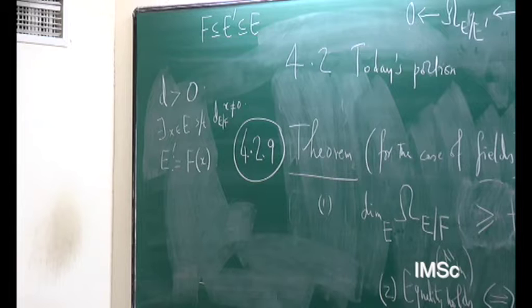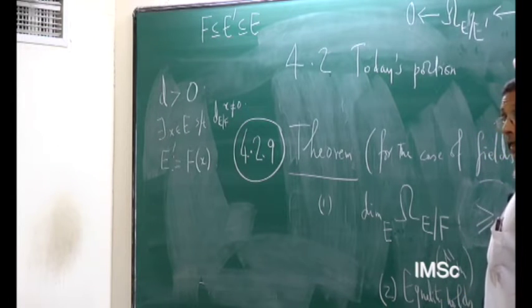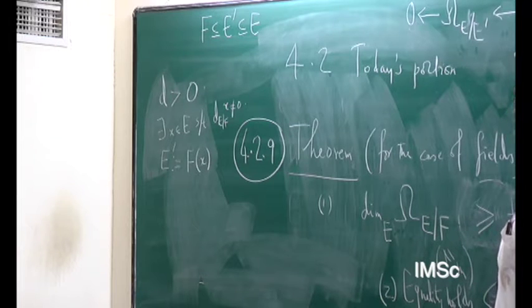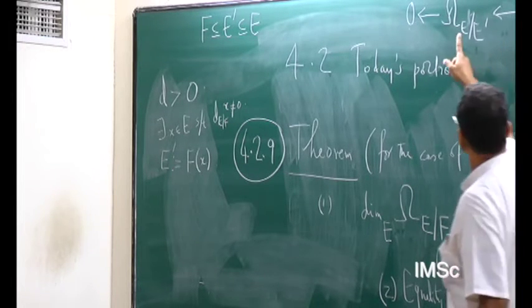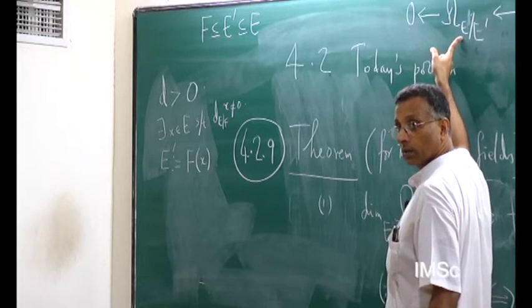Now, what is the point? The point is, look here, this is x here, dx is non-zero here, but dx is going to be 0 here, right?